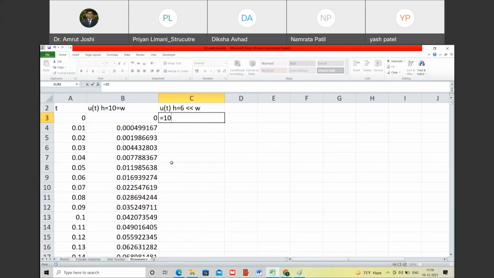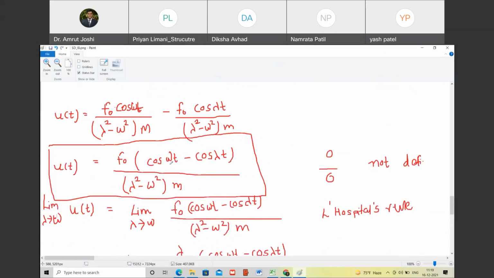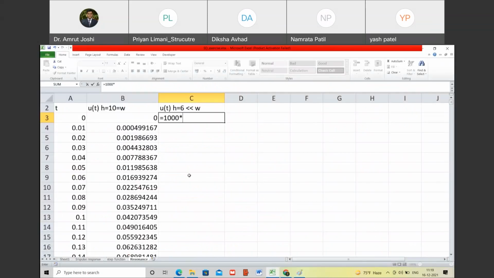So can you tell me what F0 is equal to? How much is F0? 1000 multiplied by cos of omega t minus cos of lambda t. So, cos of omega t, 10 into t, minus cos of lambda t. What is lambda? Lambda here is 6 into t.